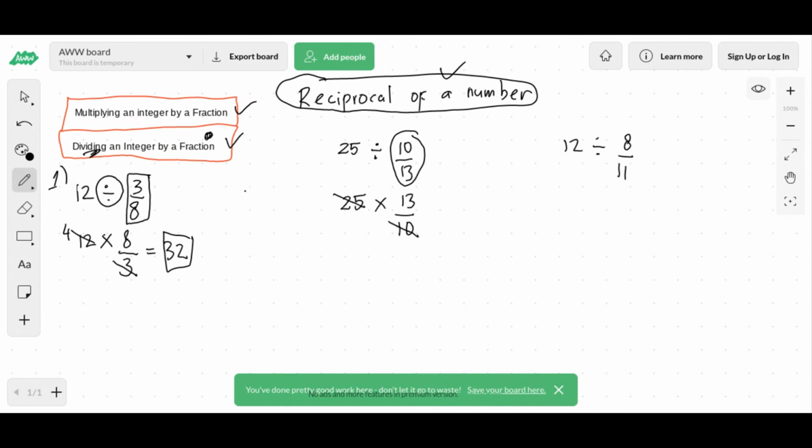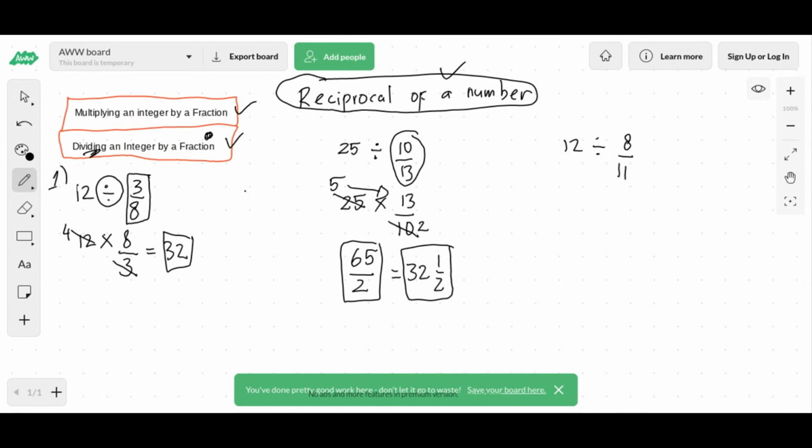Divide both by 5, you get 5 in here, and you get 2 in here, and you can multiply them further. So 5 times 13 will give you 65 over 2. And again, improper fraction, and you can write them as mixed fraction, which is 32 1 over 2.